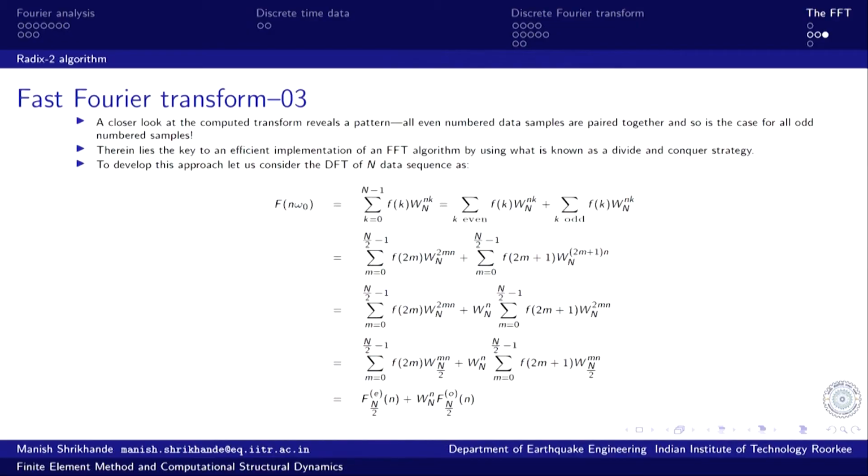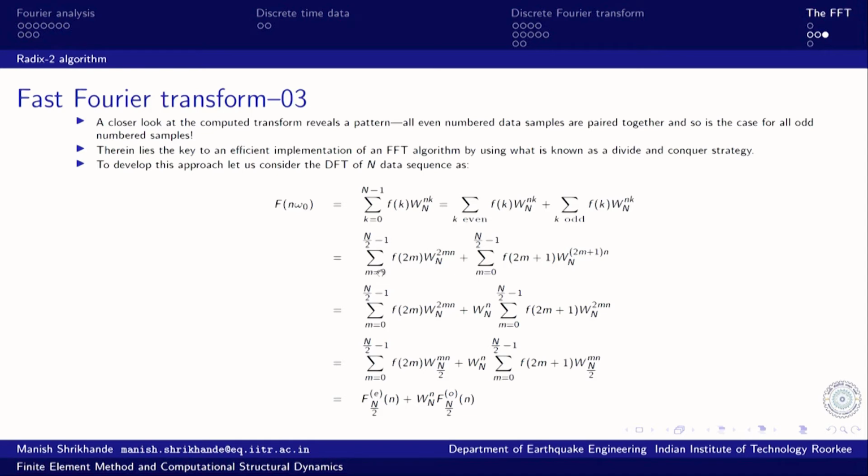If we go back to the Fourier summation, this entire summation of n data points, we split it into two parts: one summation where k is even and another where the sample number k is odd. Then we arrange these numbers suitably, and it can be found that the Fourier transform of n data points can be defined as a linear combination of the Fourier transform of even number data points, half of the length.